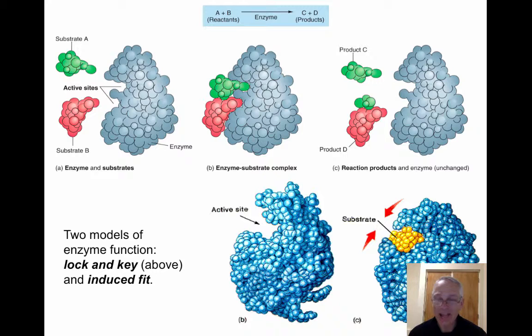There is an interaction between the molecules in the reaction, the substrate molecules, and the enzyme itself. And the enzyme and the molecules both change during the process. The enzyme bounces back to its original conformation, and the substrate molecules are typically converted into something new.